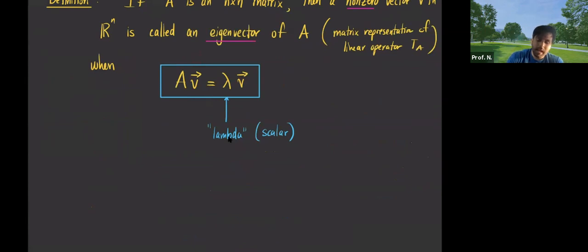So it's called an eigenvector of A when this is true for some scalar lambda.